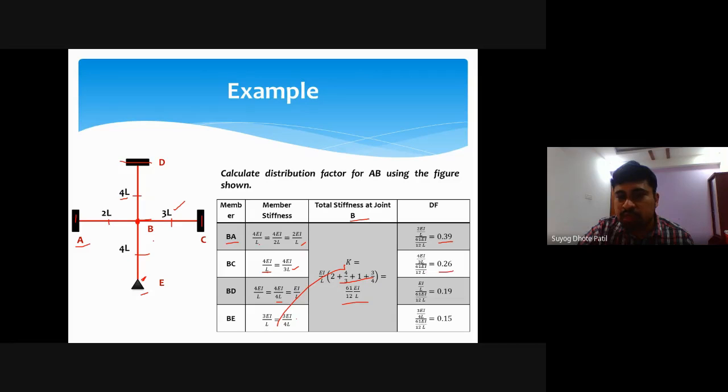Similarly for BC, BD, and BE. So this is the calculation of DF. The target was to calculate this 0.39, but for simplicity and understanding, I have considered these four members and calculated the distribution factor for all the members. So these are all the values of the distribution factor.